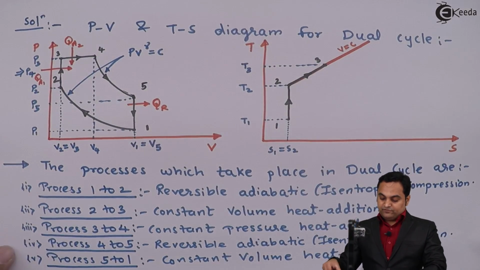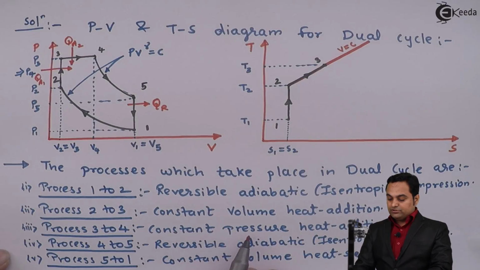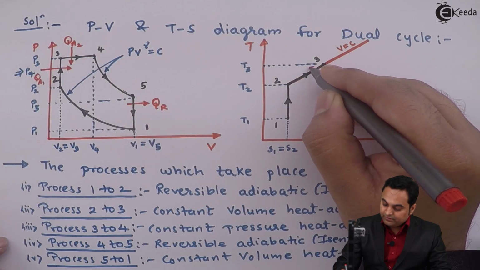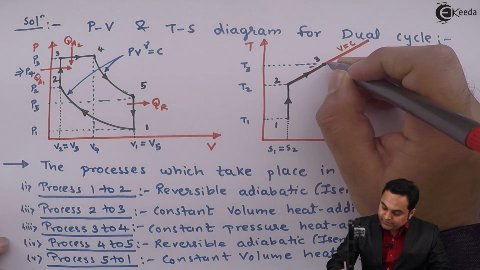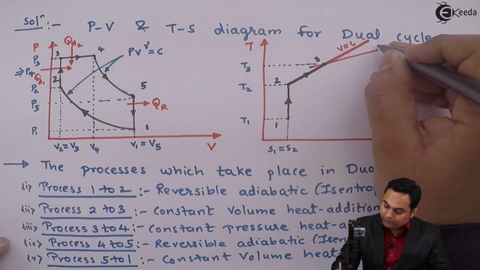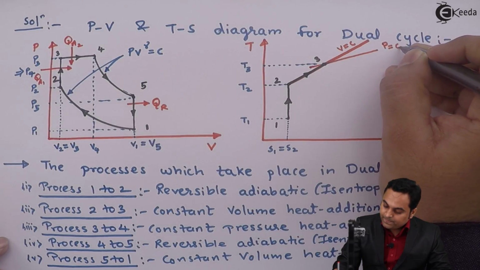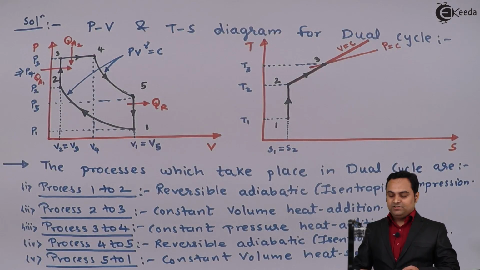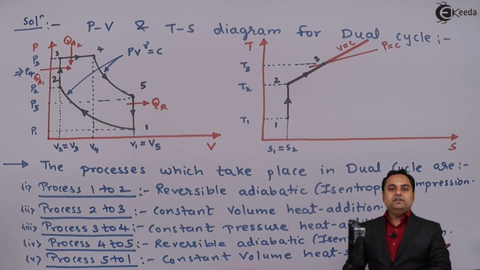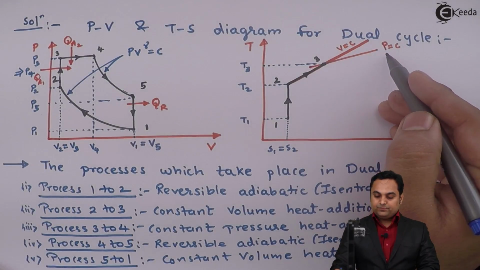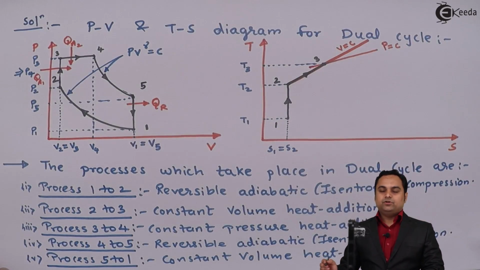Next, after constant volume heat addition, it is constant pressure heat addition. So for constant pressure heat addition, I'll again draw a line, but this line would be less inclined compared to the constant volume line, because constant pressure lines are less inclined as compared to the constant volume lines, and this can be proved with the help of one derivation which is not required in this problem now, but we have to only understand that the constant pressure line is less inclined compared to the constant volume line.